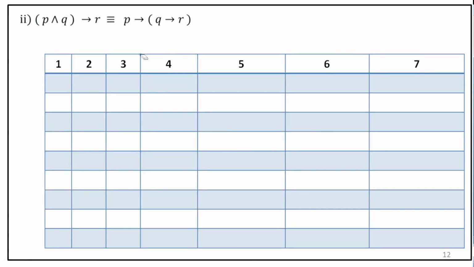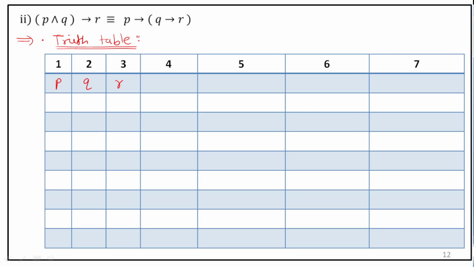Then the second example. First of all, draw the truth table. In this statement pattern, the total statements are P, Q and R. Okay.